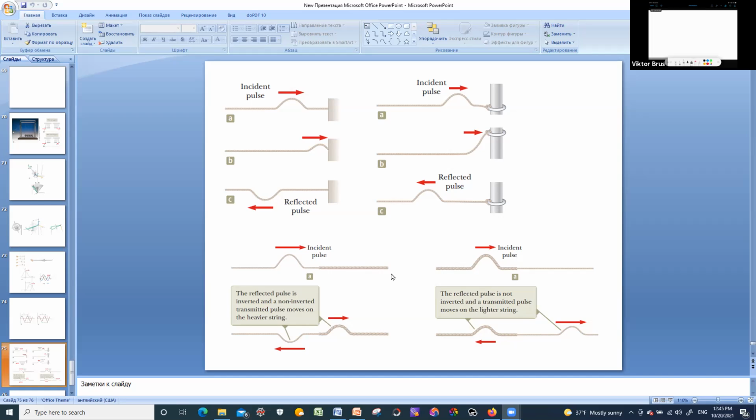So we derived this equation based on analytical calculations, and we got the equation, which is the square root of tension divided by mu, which is linear density. So it was quite an accurate prediction, and indeed these parameters are the key parameters defining the speed of mechanical waves in strings.